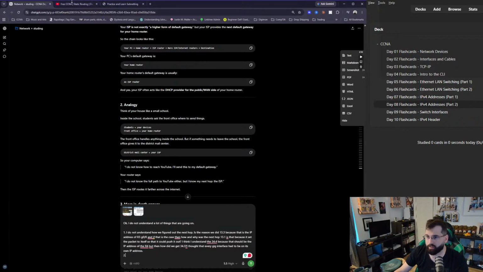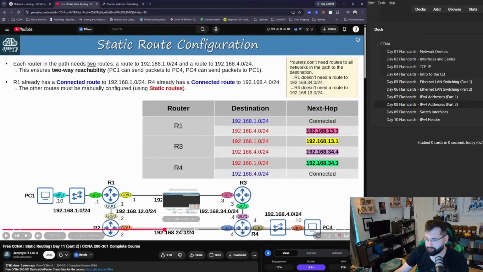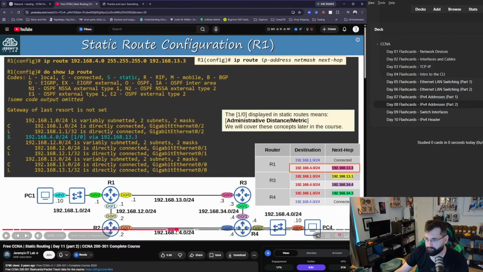Okay, so then the other thing is the IP route.